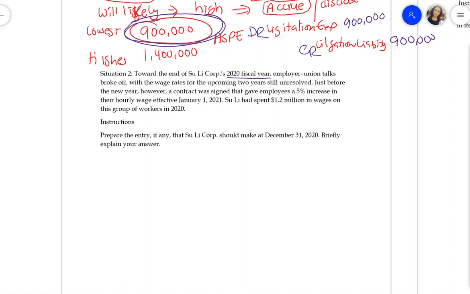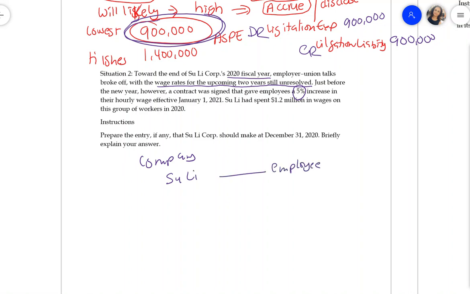The strike was because they wanted a wage increase, with the wage rate for the upcoming two years still unresolved. Just before the new year, however, the contract was signed and they gave employees the 5%. Who gave the raise? The company. The company was Sui.